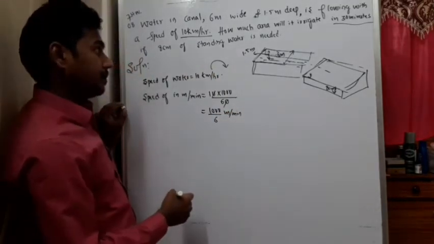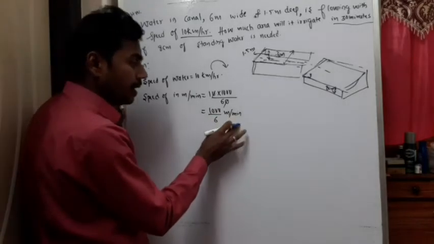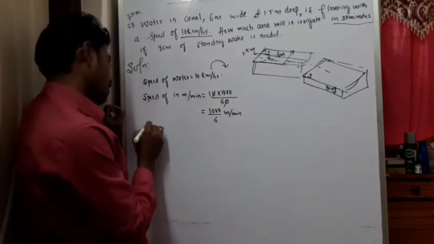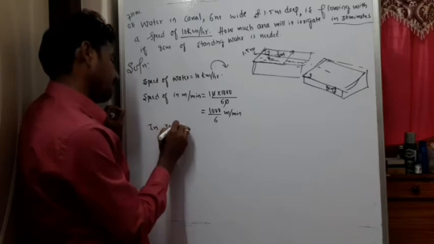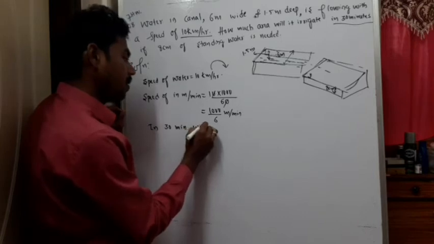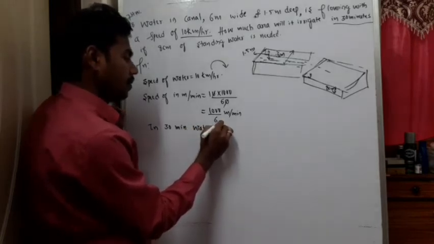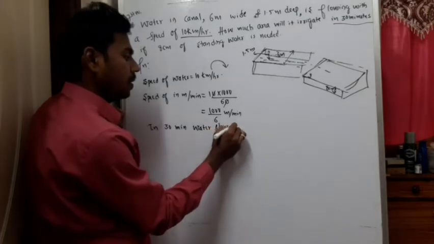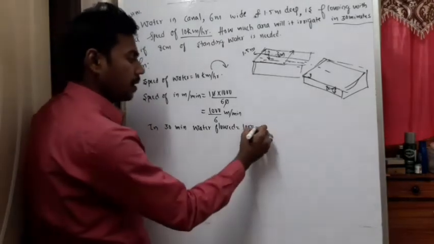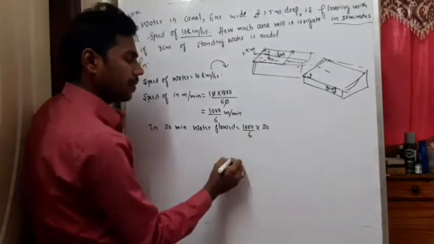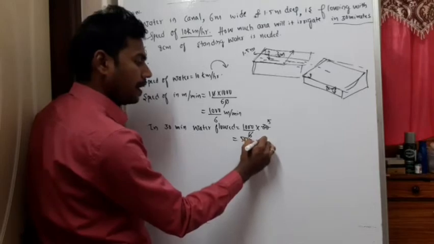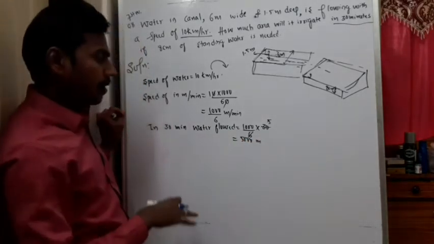But this is per minute, and water will flow for 30 minutes. So in 30 minutes, water flow is equal to 1000 divided by 6 into 30. 6 1 is 6, 6 5 is 30, that is 5000 meter of water flow.